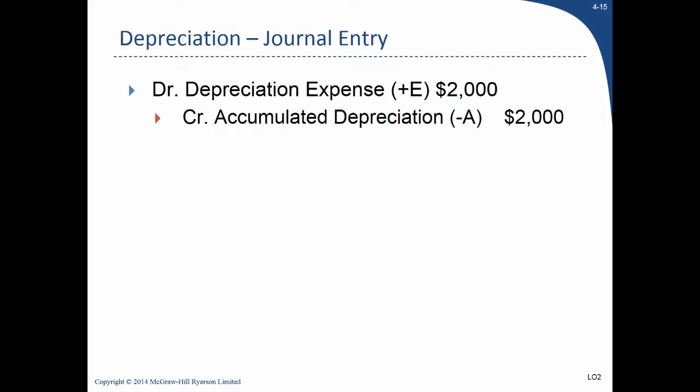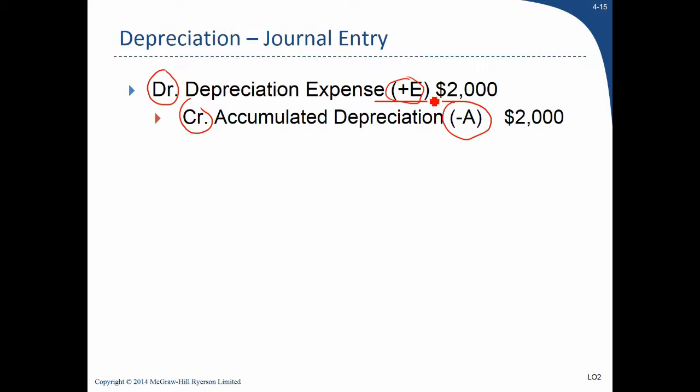Here's an example of the journal entry. Notice how I'm showing DR for debit. You don't need to do this on a midterm. You don't need to show DR, CR, and you don't need to show this. But you can if you want to. When you're practicing, I would highly recommend writing for yourself, DR, CR for debit credit.